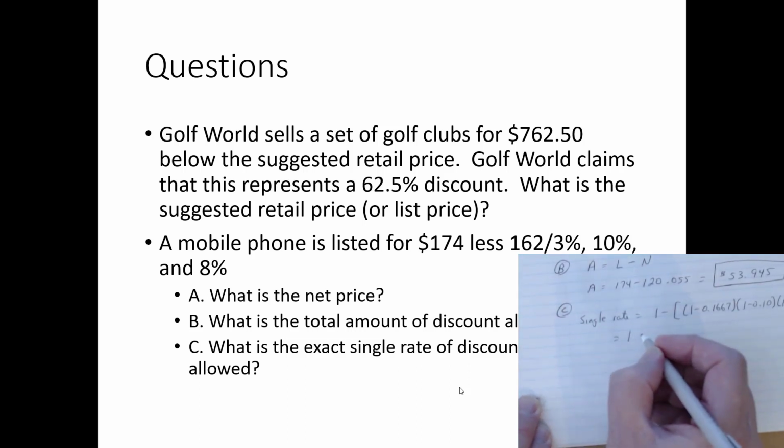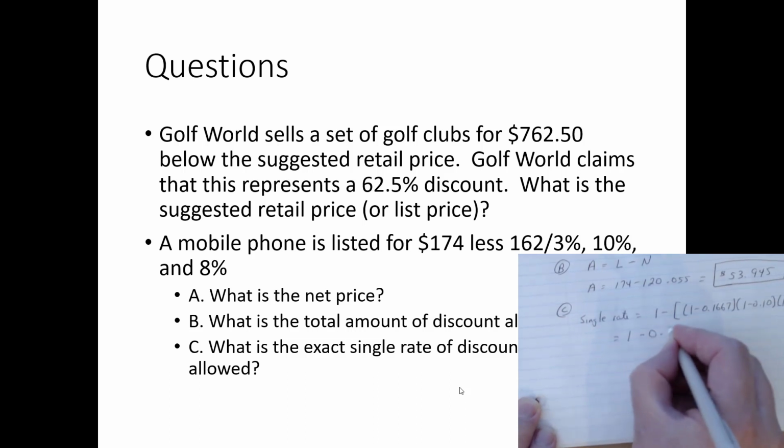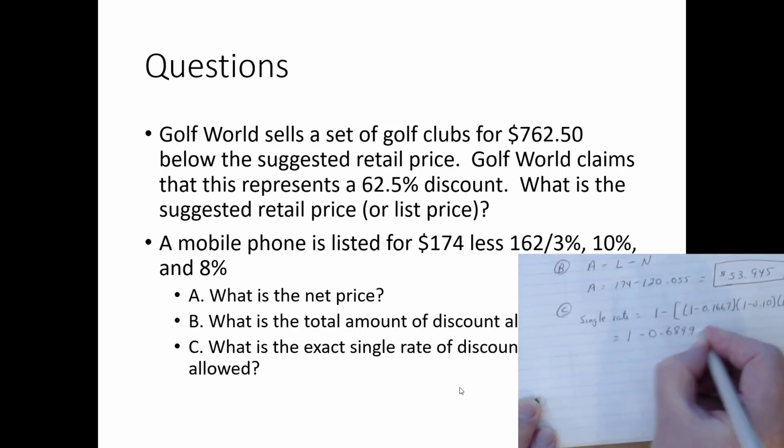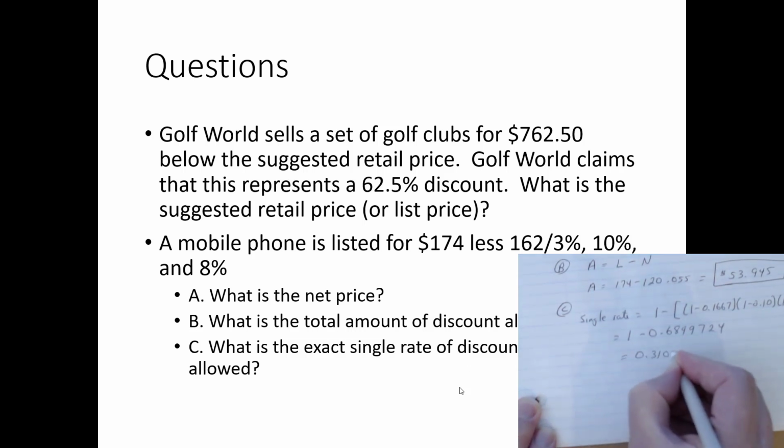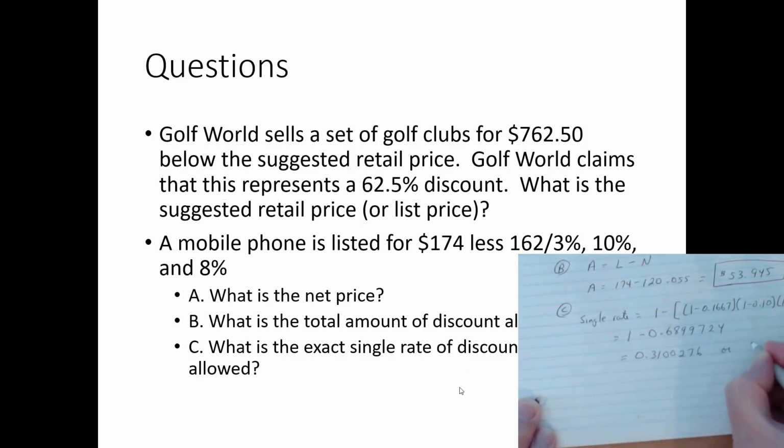So I get 1 minus 0.68999724, and that's 0.3100276, or about 31%. Right? And we're all set.